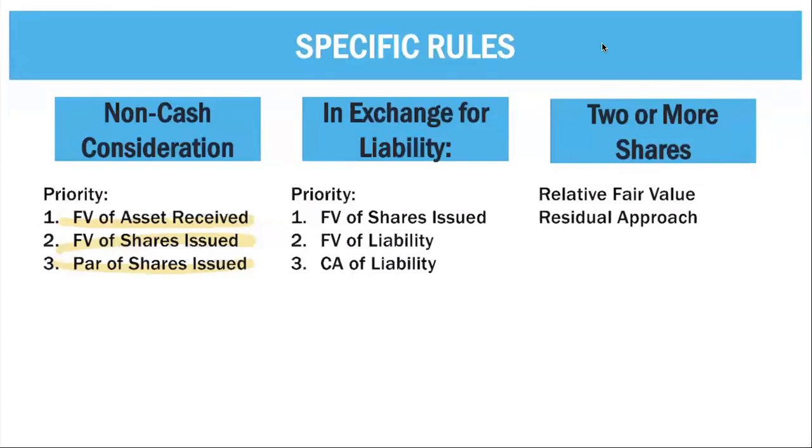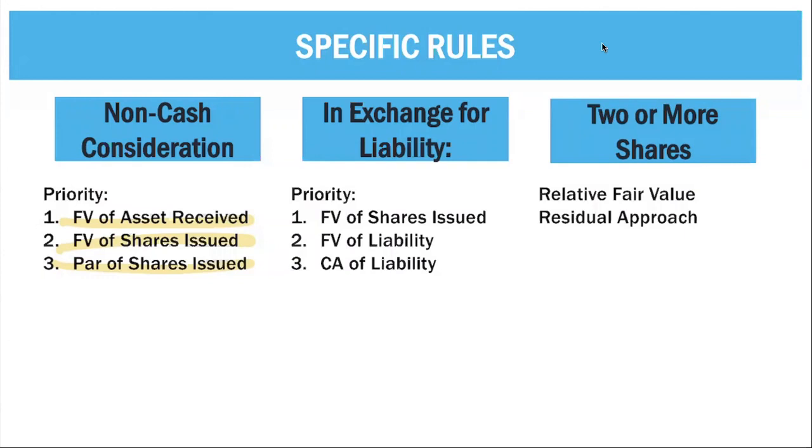Next, in exchange for a liability. If you still remember, we just finished this one together with your asset swap. We call this one your equity swap. In your equity swap, how do we account for it again? First, fair value of shares issued if present. If not, fair value of liability.